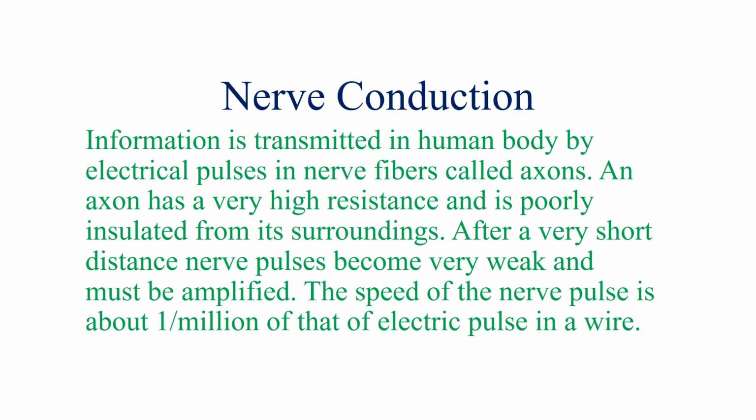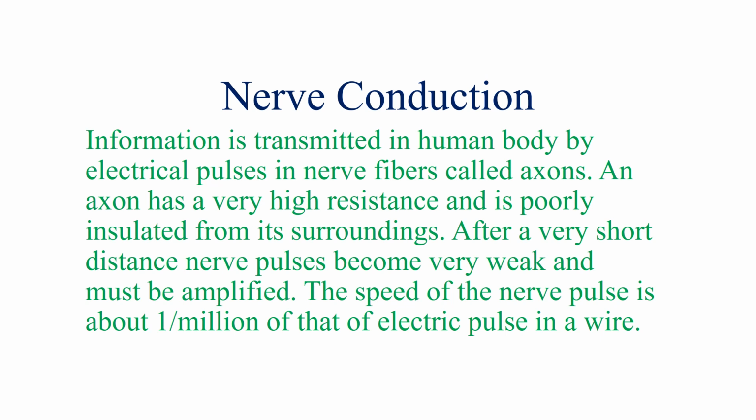This is why the nerve pulses in our body need to be amplified many times before this nerve pulse can reach the targeted organ of our body. After a very short distance, nerve pulses become very weak. Why do they become very weak?